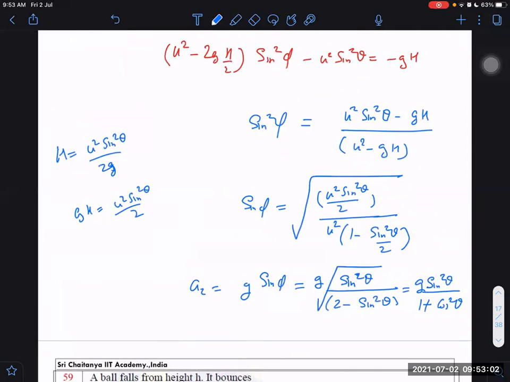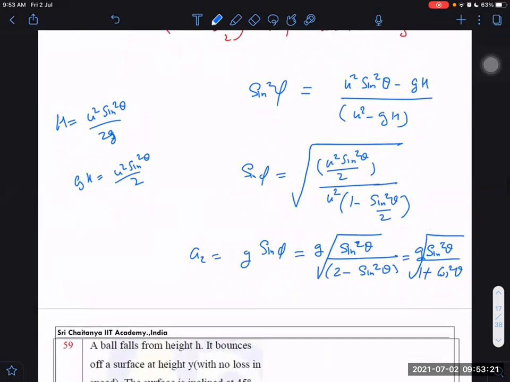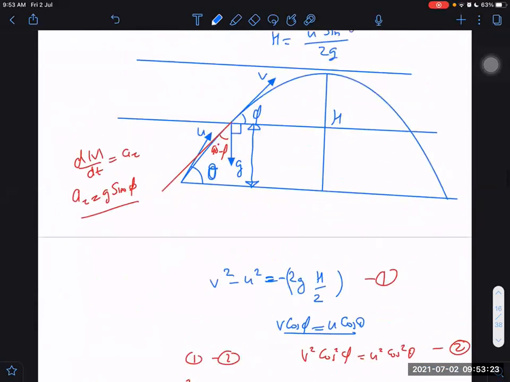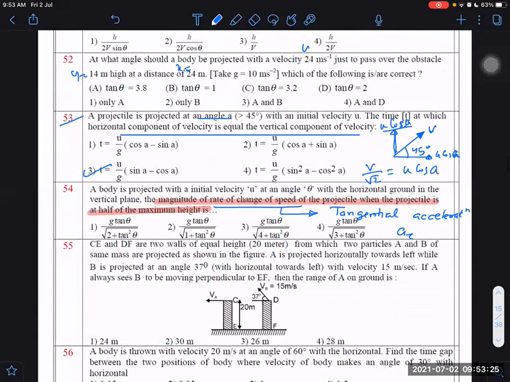What do we get then? In terms of tan theta we can get tan square theta. Then I will be getting 1 plus cot square theta. I divide by cos square theta in numerator and denominator. Then I will be getting the answer. We are getting the answer as 1.